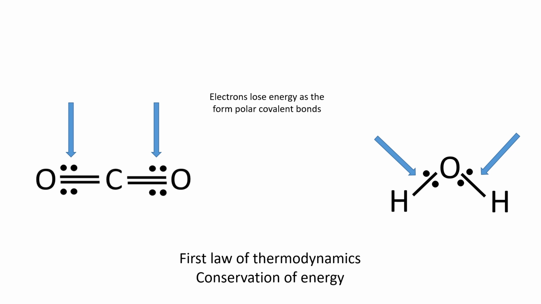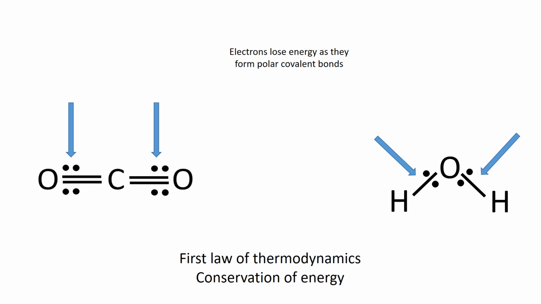Now let's get back to the first law of thermodynamics. You can't gain or lose energy, actually. It's a conservation of energy. So the energy in the reactants must be equal to the energy in the products, and in an exergonic reaction, you're going to release some energy to the environment. So how does that work? That first law of thermodynamics, the conservation of energy, is maintained because as the electrons move closer to the oxygen atoms, they're giving off photons of light.